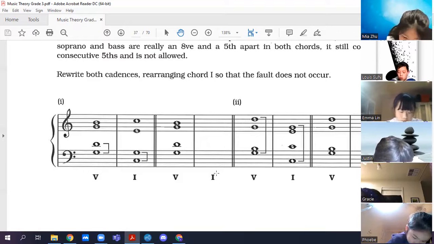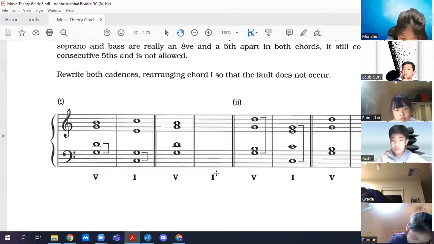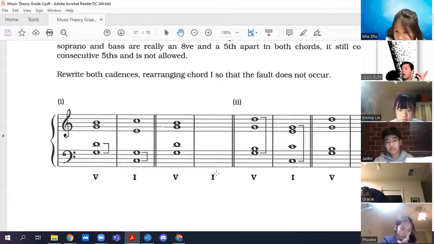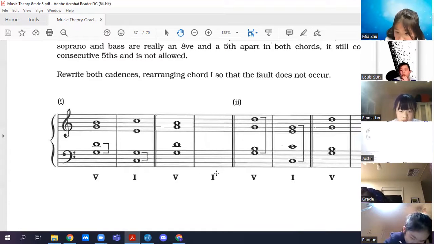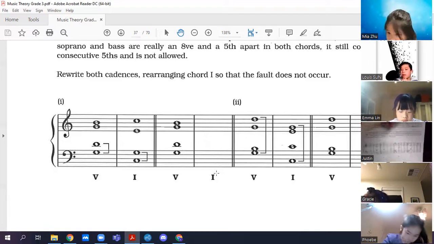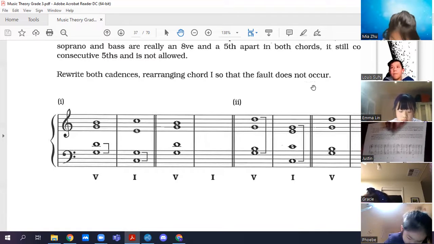Remember that this rule of tripling the tonic only applies either when you have no other choice, or when there's a supertonic to tonic in the soprano.